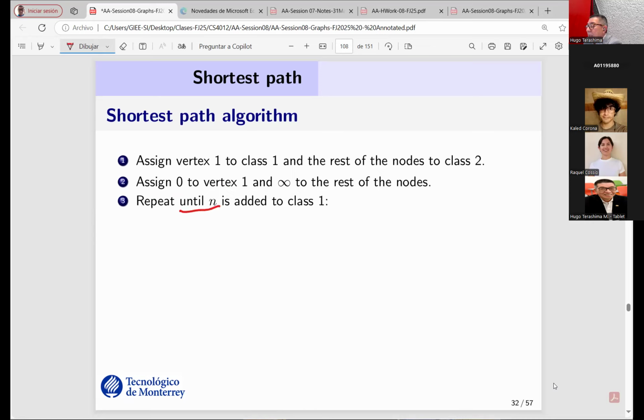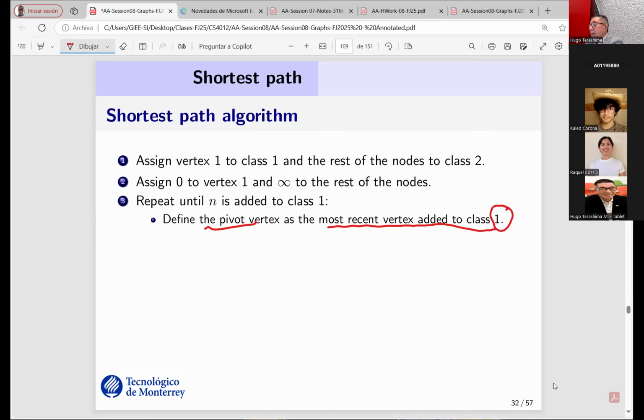Repeat until n is added to class 1. n is the destination node, right? When we put it in class 1, we ensure that the value is the minimum for that node. Define the pivot vertex as the most recent vertex added to class 1.